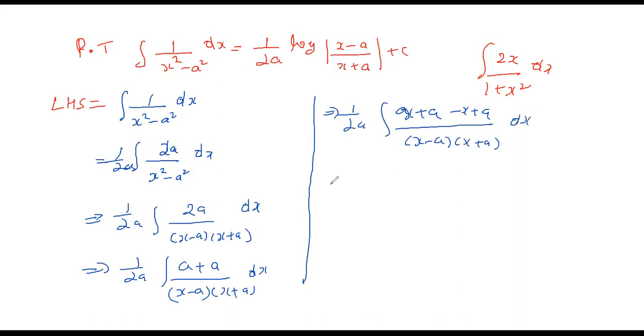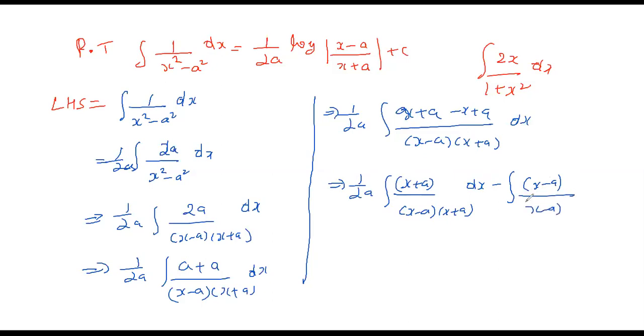Now I make the terms separate: x plus a divided by x minus a into x plus a, minus, dx. Take the minus out here, and it becomes the integration of x minus a divided by x minus a into x plus a dx.